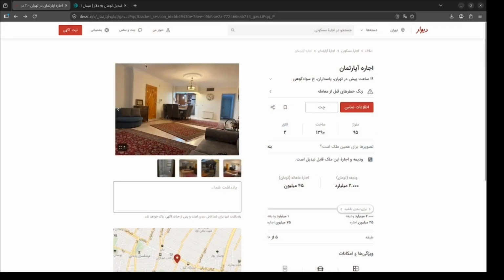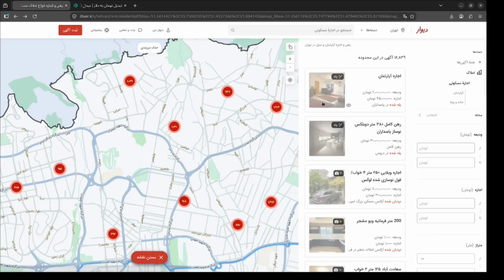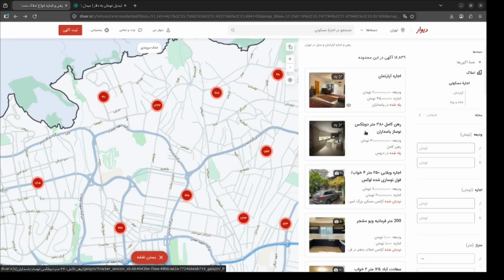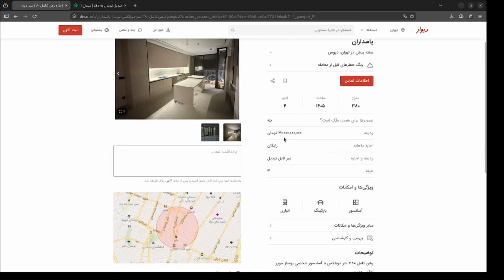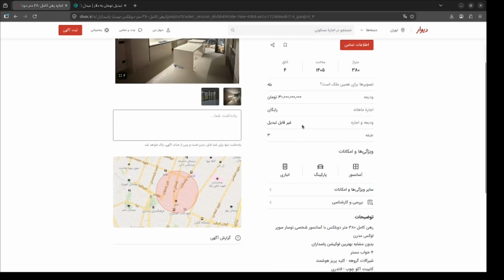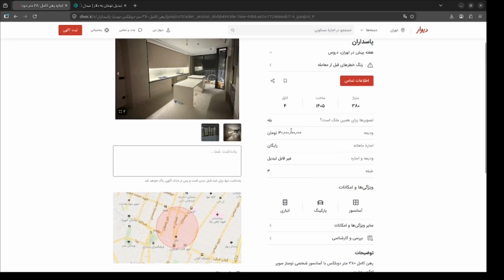Okay, another house here. Oh, it's a 380 meters duplex, and they just made it. Okay, it's expensive.